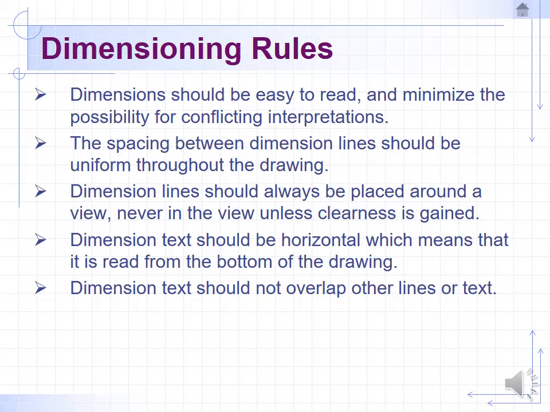Dimension lines should always be placed around a view and never in the view unless clearness is gained. We've been doing a lot of sketches where the front view and the right view are sort of very near each other, and the top view is like one grid above. But for more finished drawings, if you had multiple views like that, you would separate them. You wouldn't want to necessarily lose their orientation to each other.